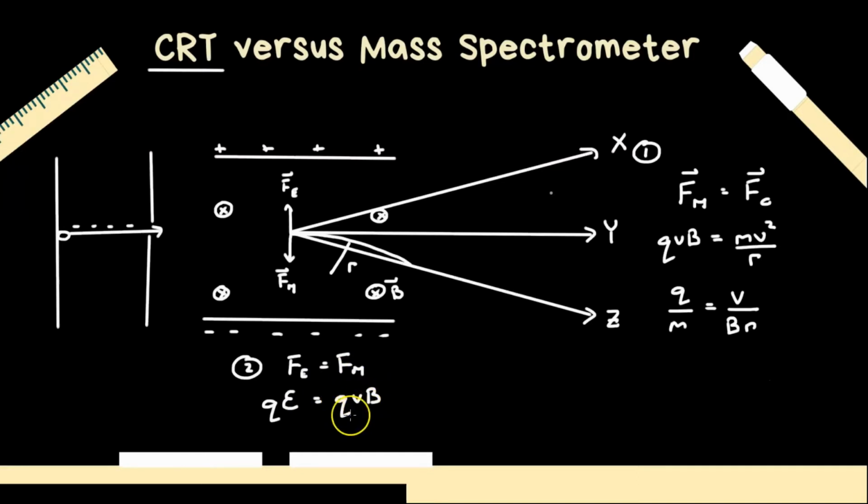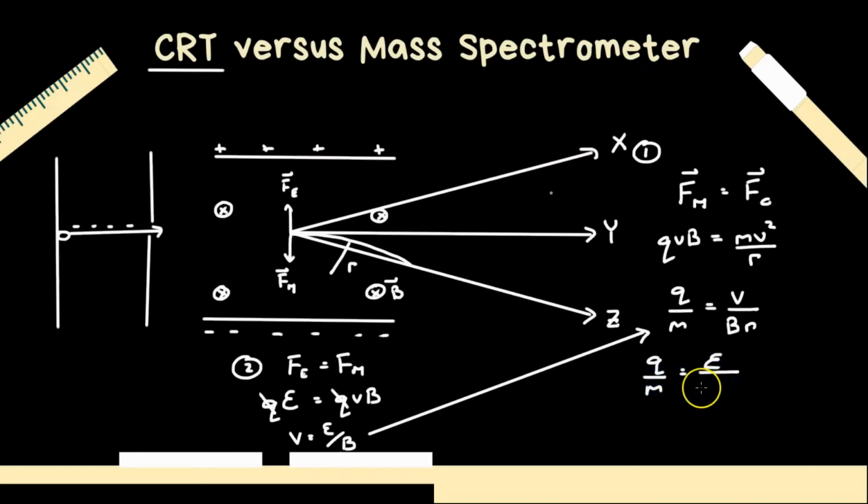If you rearrange this equation for V, since charges cancel, we simply get epsilon over B. Now we can sub this back into equation 1 for velocity, and we get the charge to mass ratio to be the electric field strength divided by the magnetic field strength squared times that radius of curvature that it undergoes under that magnetic field strength.